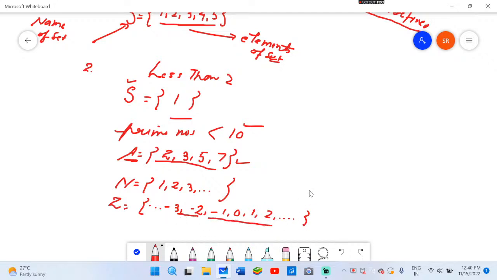It is also an infinite set. It does not stop anywhere. The counting does not stop anywhere.